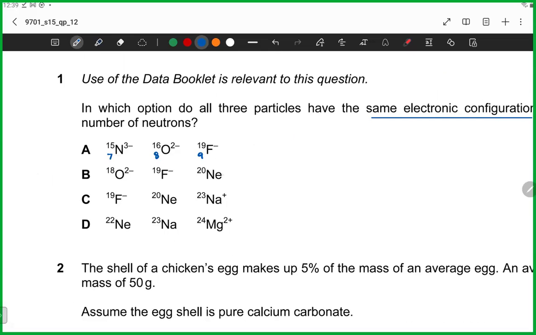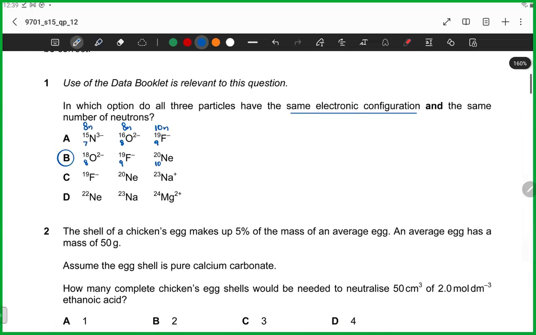So they all have 10 electrons, except do they have the same number of neutrons as well? I think this is 8. No, they don't have the same number of neutrons. So which one is the answer? What about the next one? The electrons are the same for all of them, and the neutrons. So B is the answer for this.